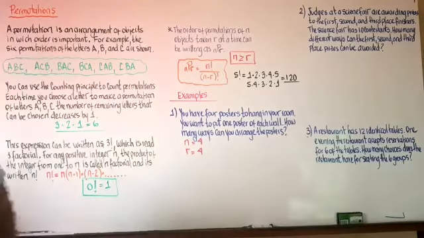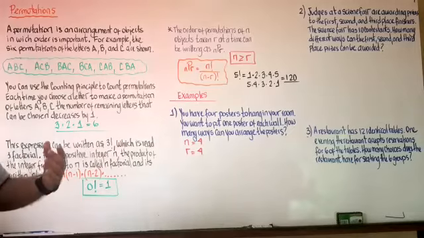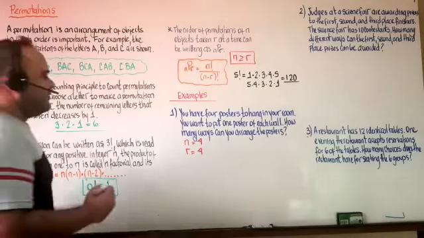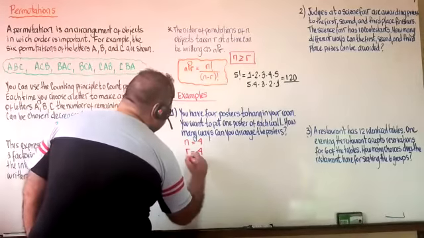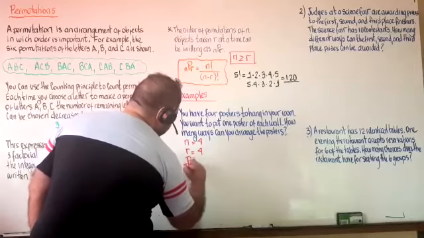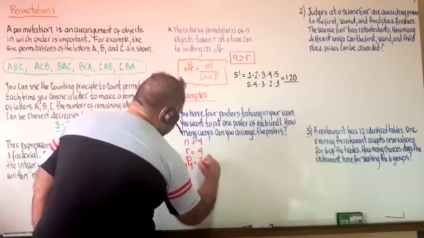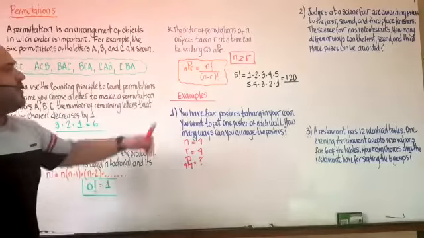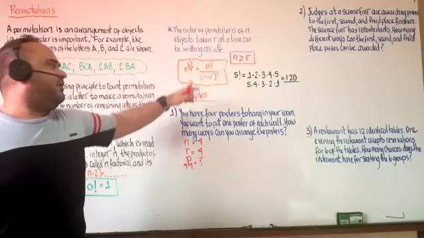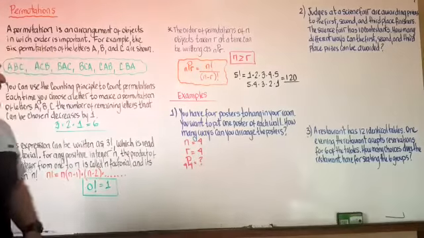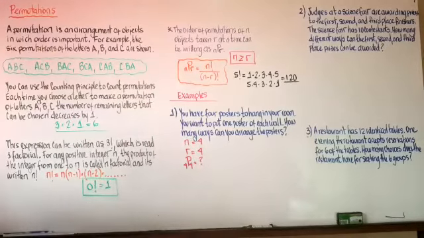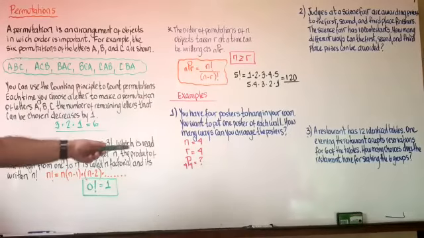For that reason, the question is, how many ways can you arrange these posters? For that situation, that means we have to look for the permutation 4, 4. Why 4, 4? Remember, we can write nPr, and because n and r have the same value, we can write this situation over here.